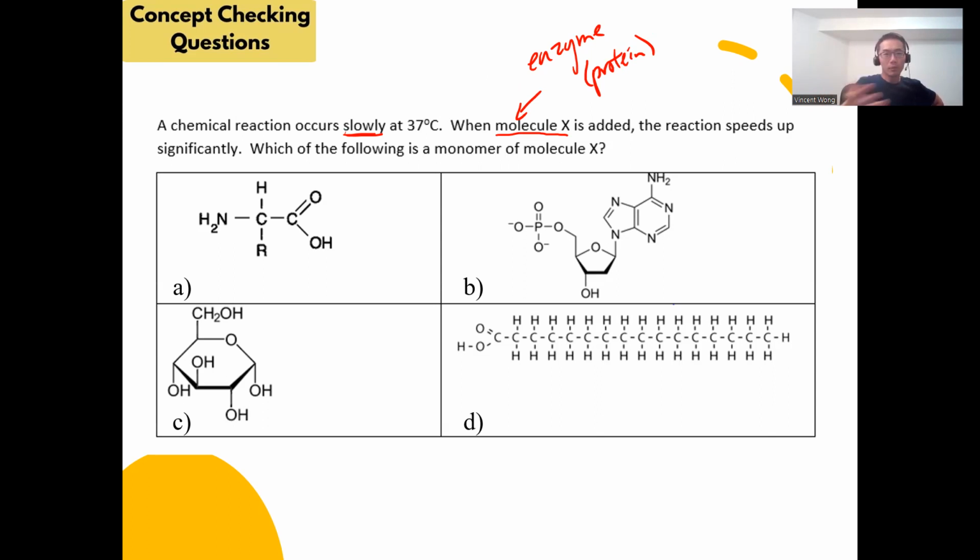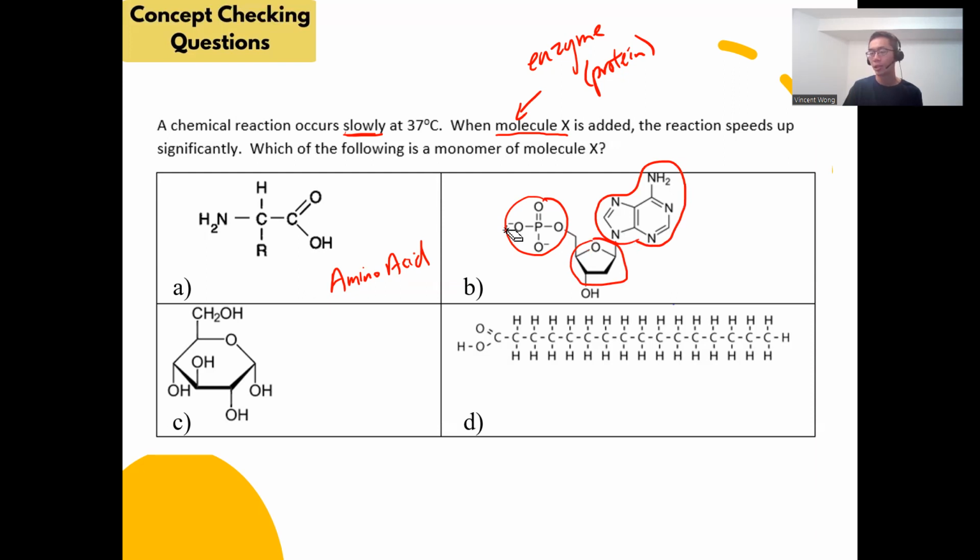So once we have figured out that it is enzyme that they're talking about, then the question becomes much more manageable. Which of the following is a monomer of protein? You should recognize what this is. This is amino acid. What about this one? You know, there is a phosphate, there is a sugar, there is a nitrogen base here.